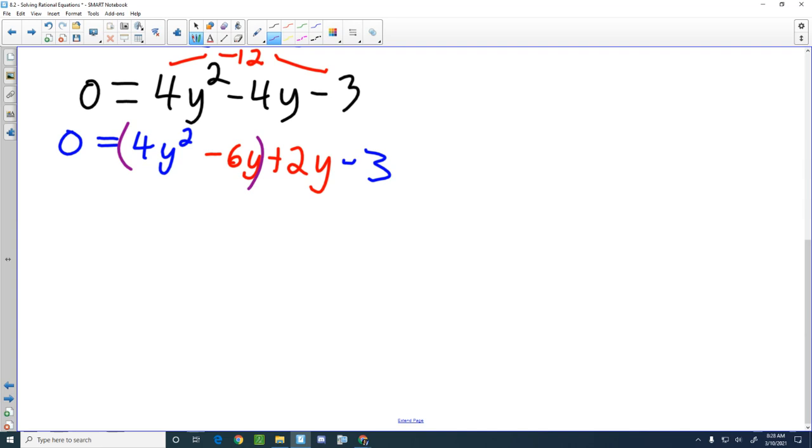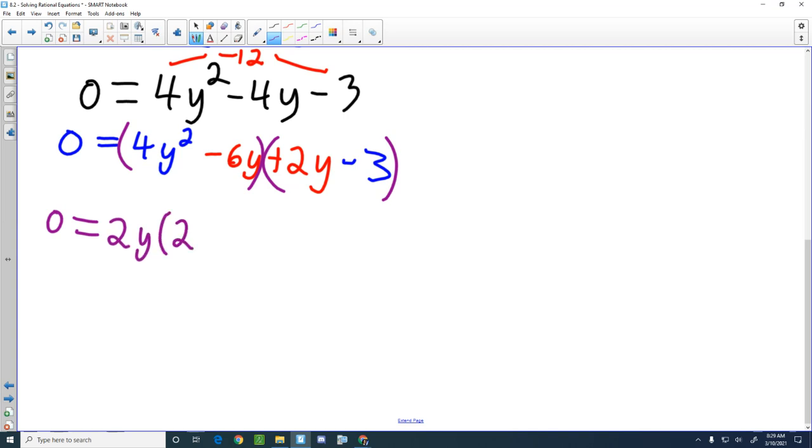Group the first 2 terms together and the last 2 terms together and divide the GCF out of each of those separately. 4y squared and negative 6y. What's the GCF of those 2 terms? Yeah, 2y.